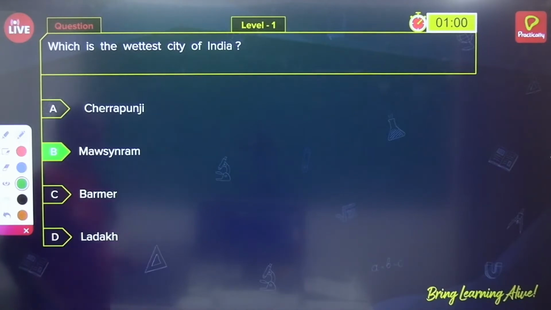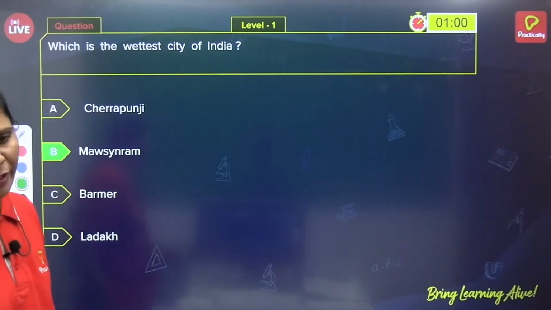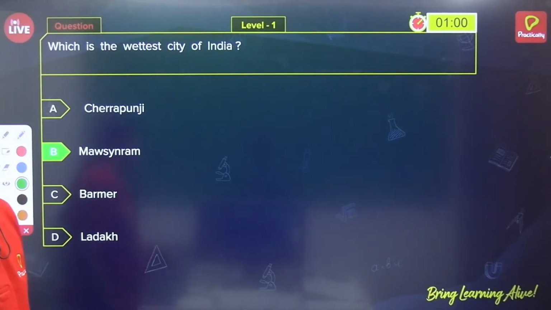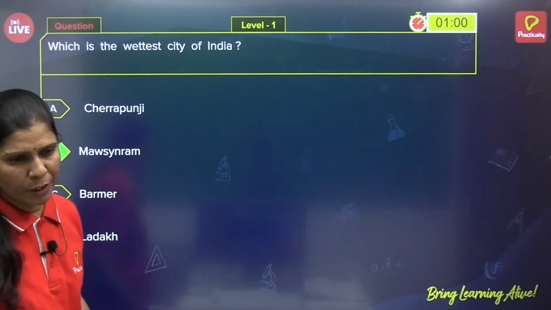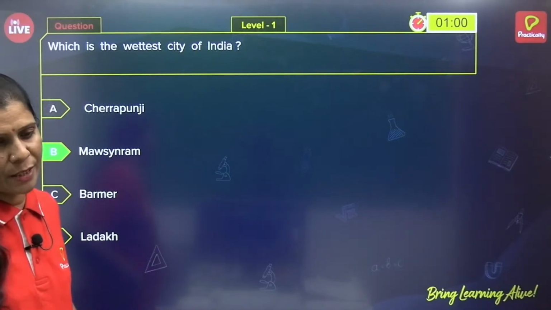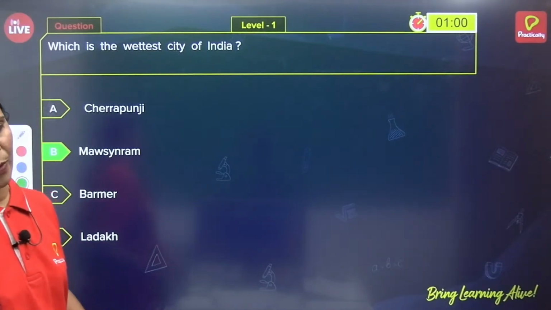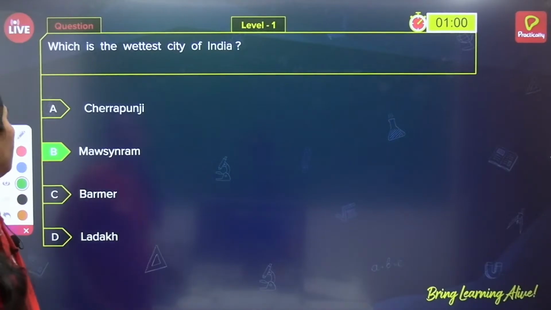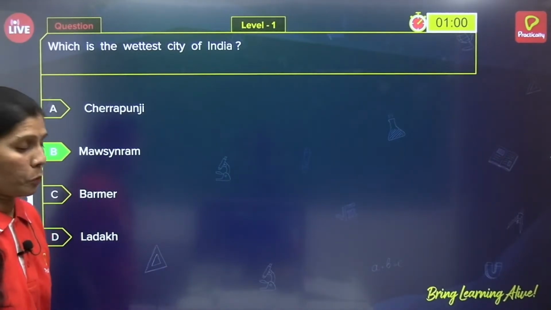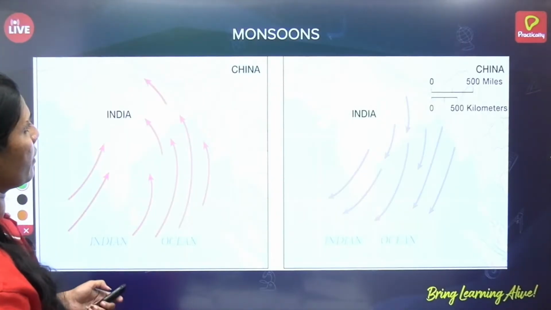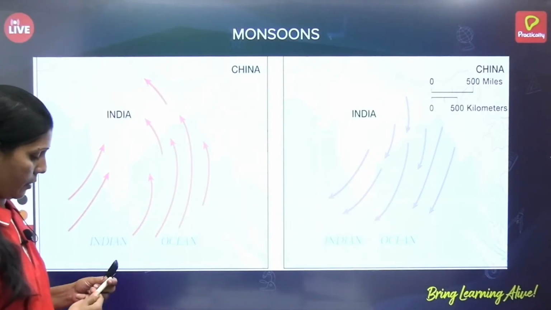Previously, the place Cherrapunji was well known as the wettest place, but now Mawsynram is also called that, and this is the wettest place in India. Why?